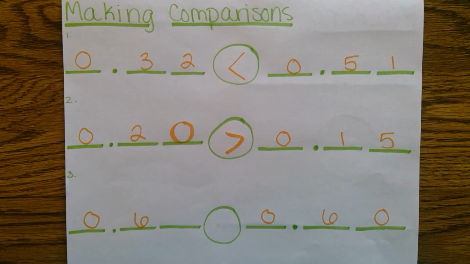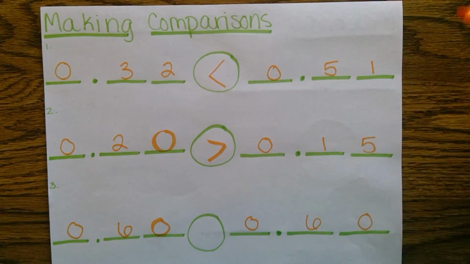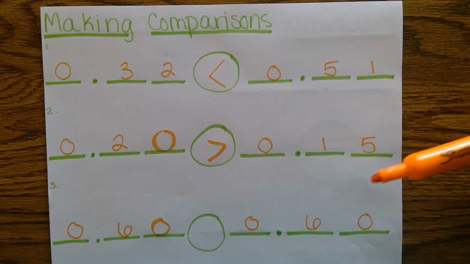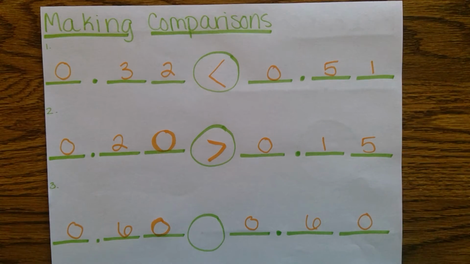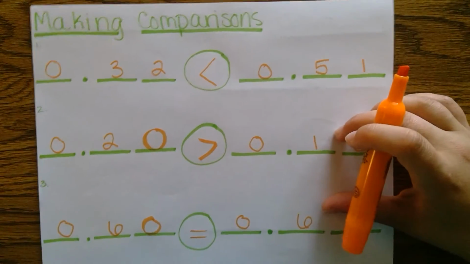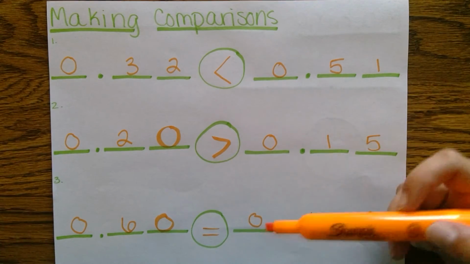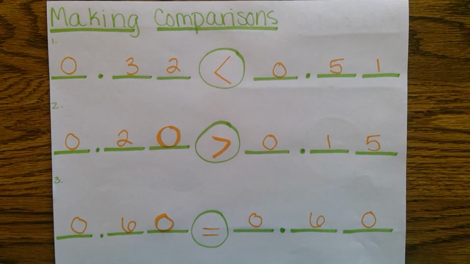It makes comparing decimals a lot easier if we try to make them in the same place value. So I'm just going to add a 0 like I did in the previous problem. Now we have 60 hundredths and 60 hundredths. So when we compare the two, they are going to be equal to each other. And we just simply use an equal sign.